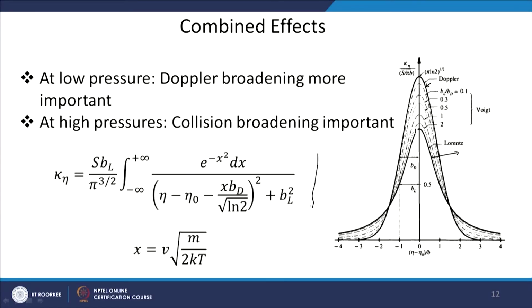The combined profile can be represented with a mathematical function called the Voigt profile, which is given by this integral relation, very difficult to evaluate, but available in books. So, one can use this to find the profile. The Voigt profile is a combination of a Gaussian function and a Lorentzian function, and the combined function is called the Voigt function.